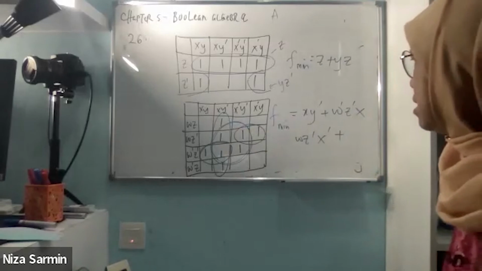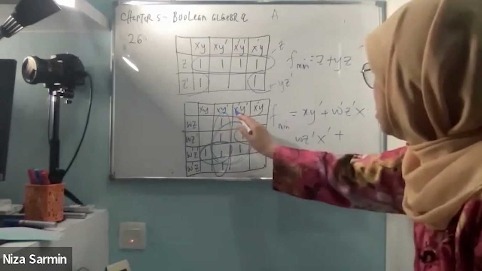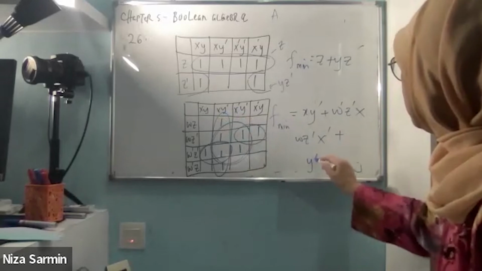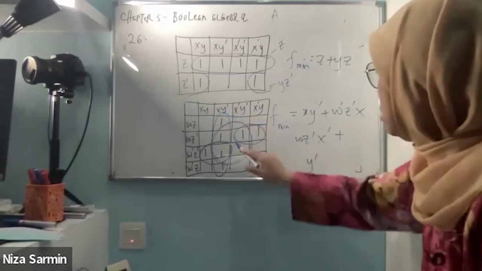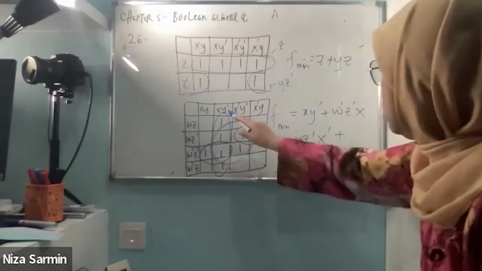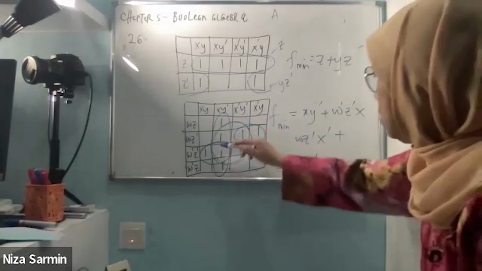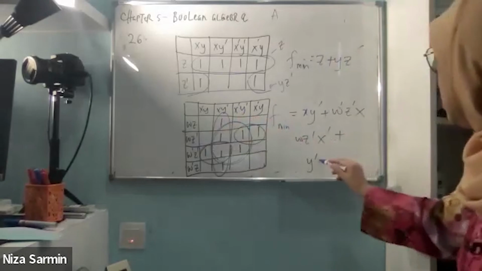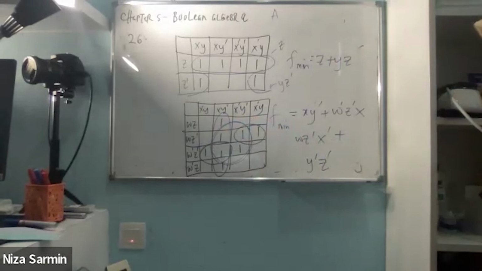So what does that cover? It covers X prime gone. So it covers Y prime only, because this one covers X prime done, but just Y prime. And this one, it covers W prime. And so this is the minimum one.